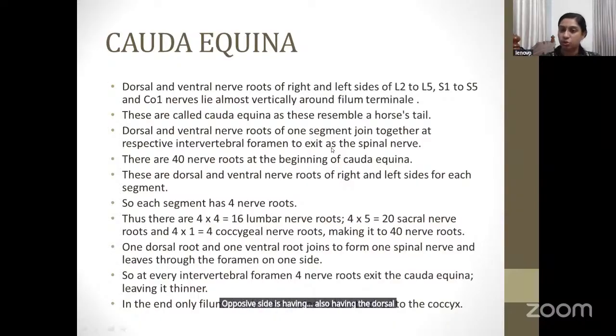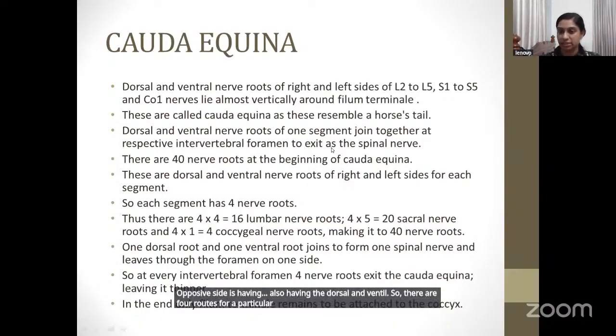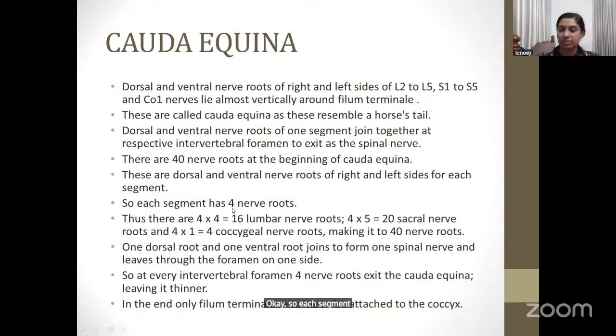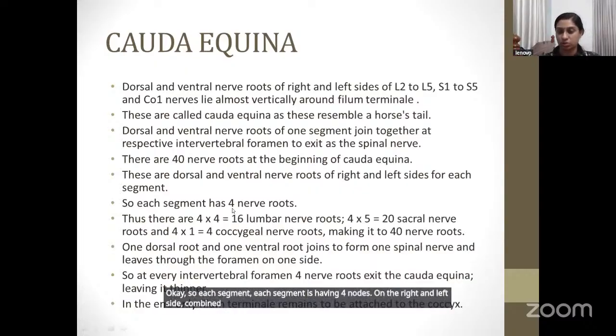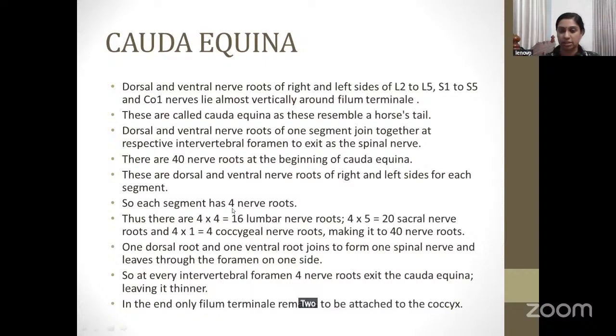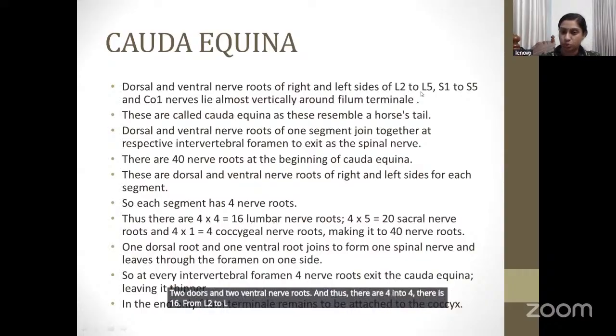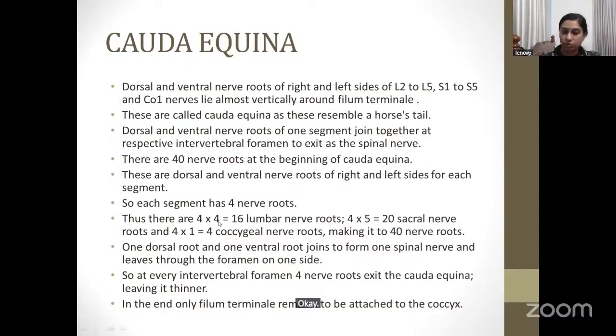So there are four roots for a particular spinal segment: on the right and left side combined, two dorsal and two ventral nerve roots. And thus there are 4 into 4, that is 16. From L2 to L5 is 4 vertebrae, so 4 into 4, that is 16 lumbar nerve roots are there.